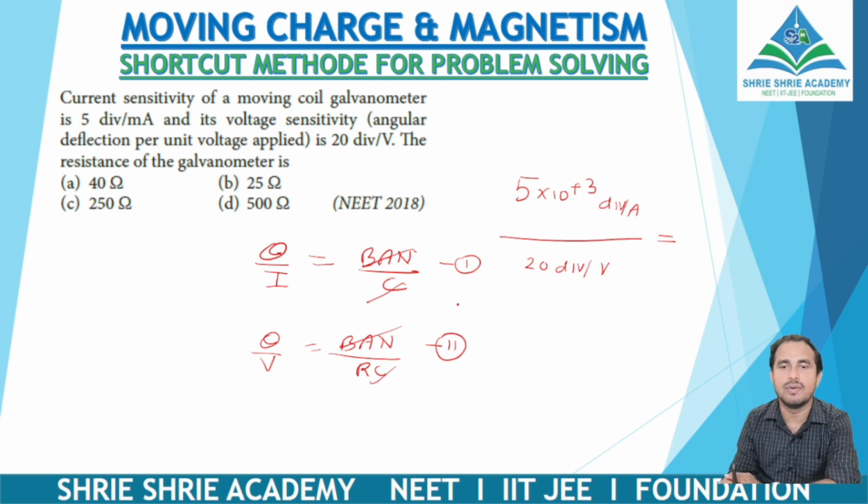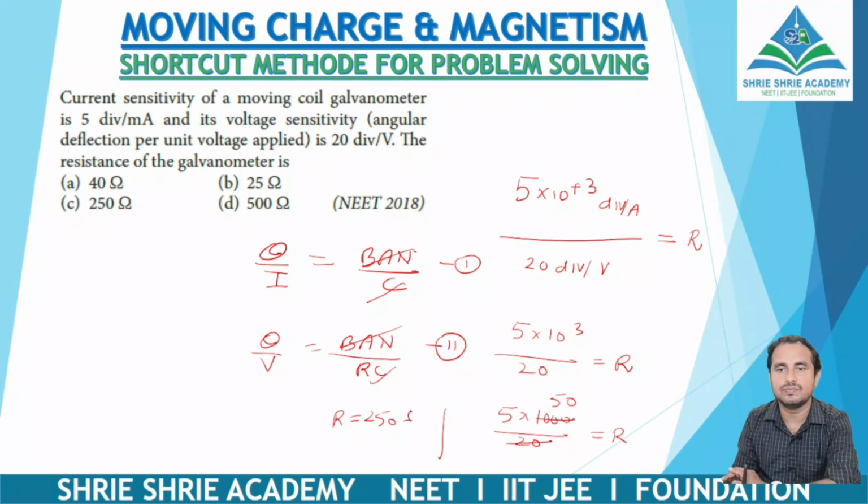So here 1 by 1 divided by 1 by R, finally you are left with only R, the resistance. Here we just take the numerical part, then you will get 5 into 10 to the power 3 divided by 20, that is your resistance. You can write it as 5 into 1000 divided by 20. If you do this, 50 times 5, the resistance will be 250 ohm. So the answer is 250.